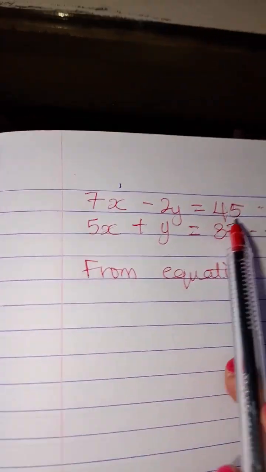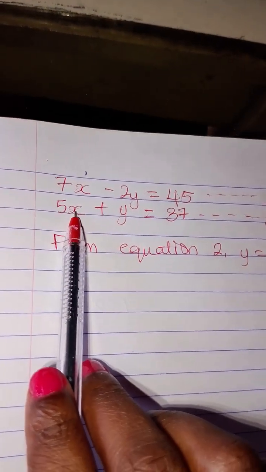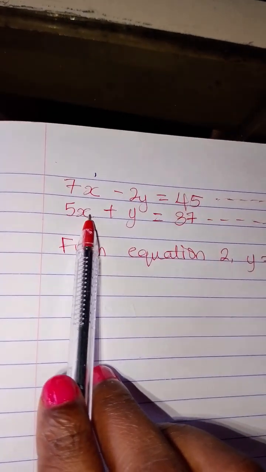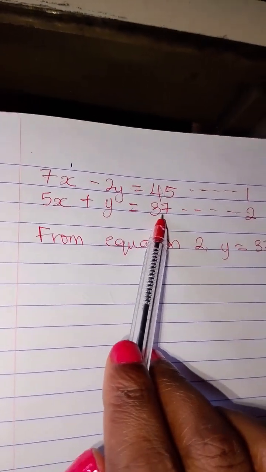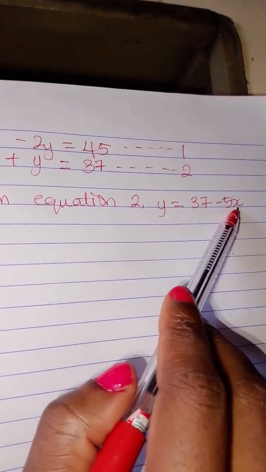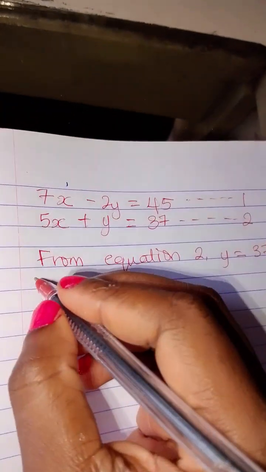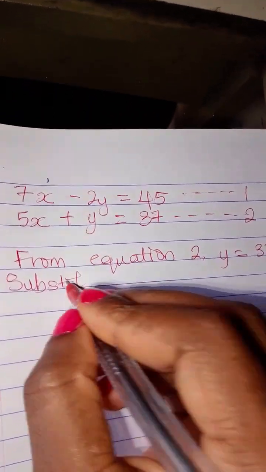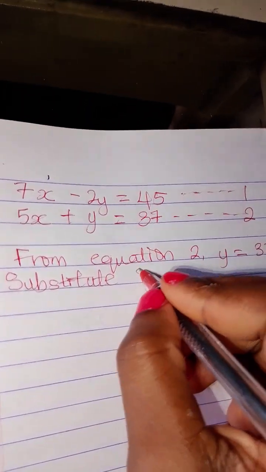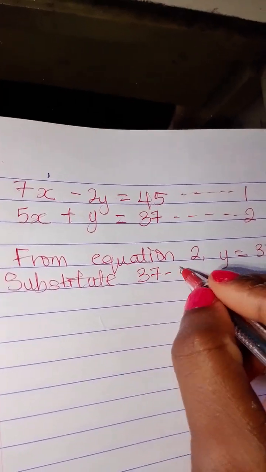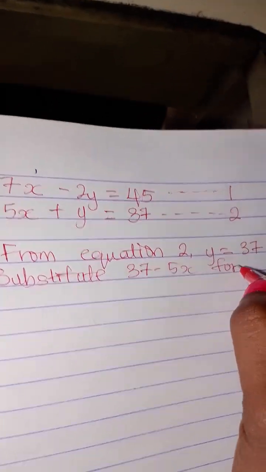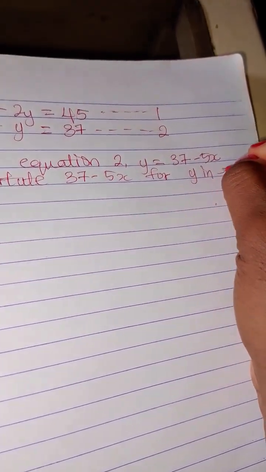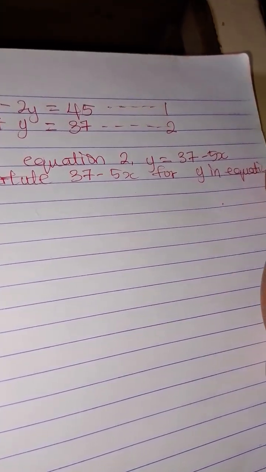We understand how that works, right? It's a positive 5x, so subtracting 5x from both sides, it goes to 0 here. And then we have 37 minus 5x on the right-hand side. So we can then substitute 37 minus 5x for y in equation 1.